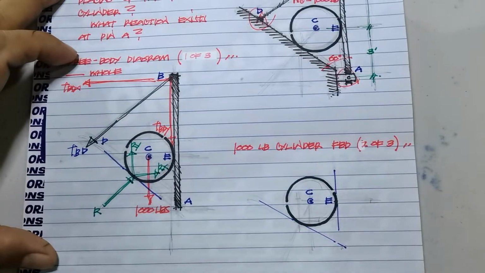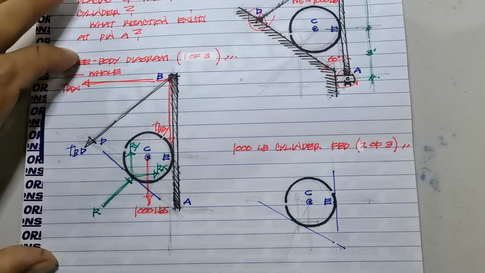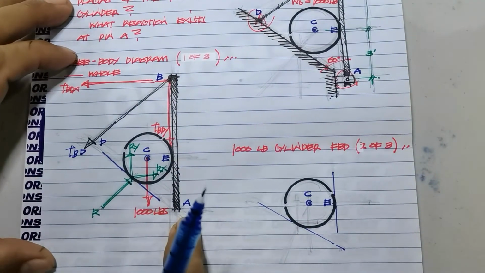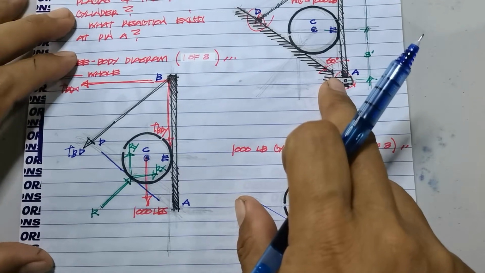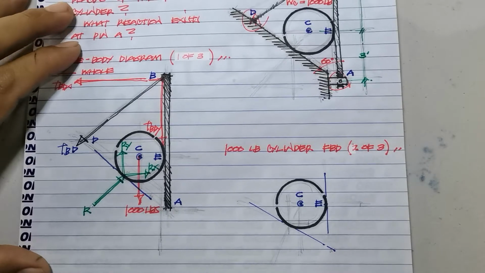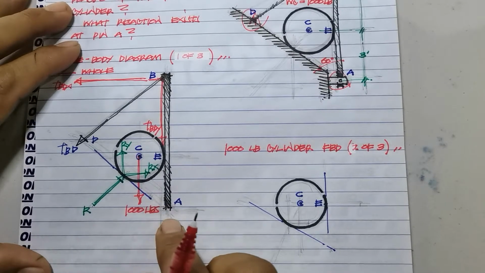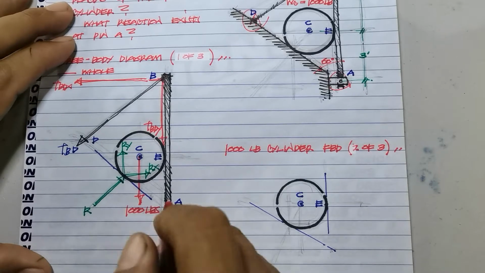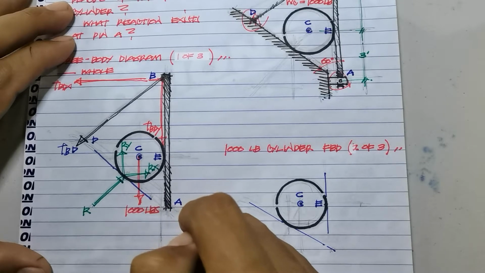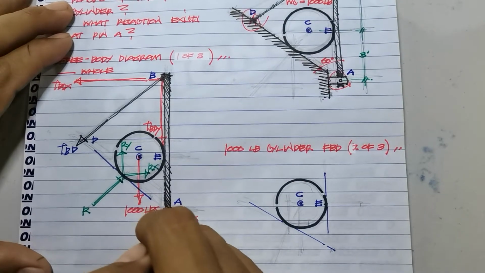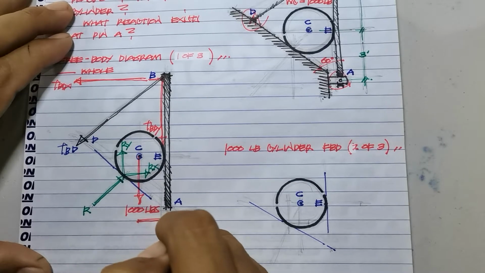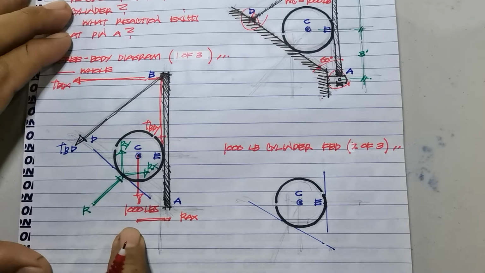So, yan. Then, last one is actually ito. So, titingnan natin, no? Sa A, meron tayong makikitang pin. So, as was previously mentioned, basta't meron tayong pin, yung pin, nagbibigay siya ng dalawang reaction, isang X as well as isang Y. So, ito is RA of X. So, papansinin natin, dalawang possible direction: either in direction niya is going to the left or going to the right.